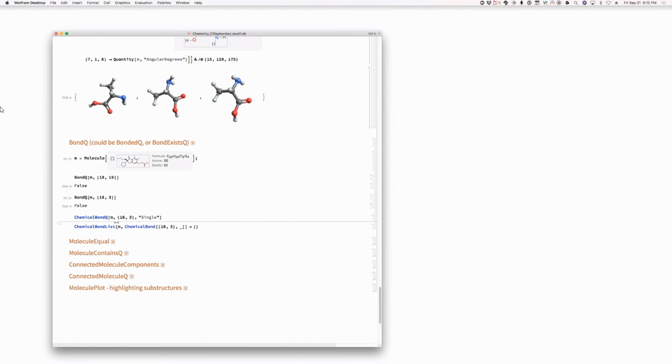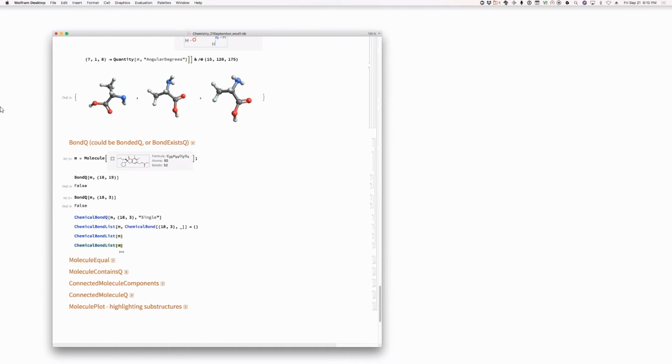Okay. So this case of chemical bond list, this doesn't make sense to me. This is asking, so for example, a typical thing I might want is a list. So chemical bond list of M just gives all of the bonds, right? Yes. Is that correct? Yes.